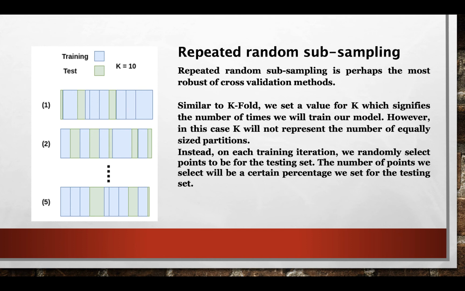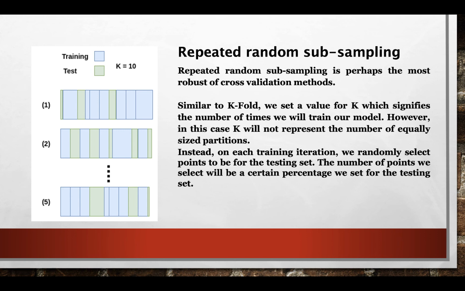Instead, on each training iteration, we randomly select points for the testing set. The number of points we select will be a certain percentage we set for the testing set. For example, if we select 15%, then on each training iteration we will randomly select 15% of the points in our data set to be set aside for testing.